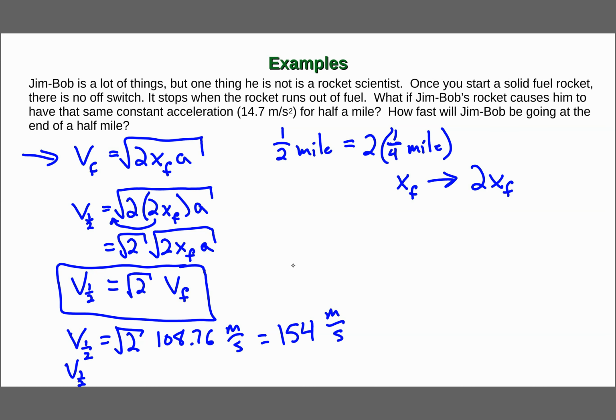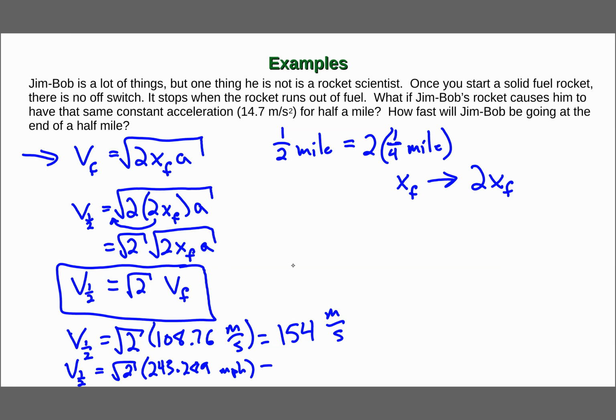And in miles per hour now, we have again root 2, and then we multiply it by 243.289 miles per hour now in our miles per hour unit.